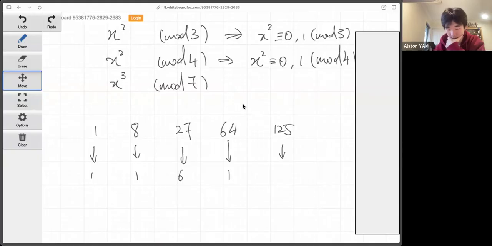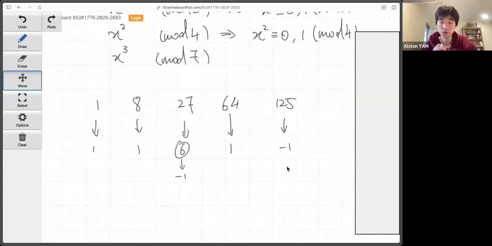And then this one, I believe, is minus 1 mod 7, because 126 is a multiple of 7. I hope you can see that this is actually minus 1.